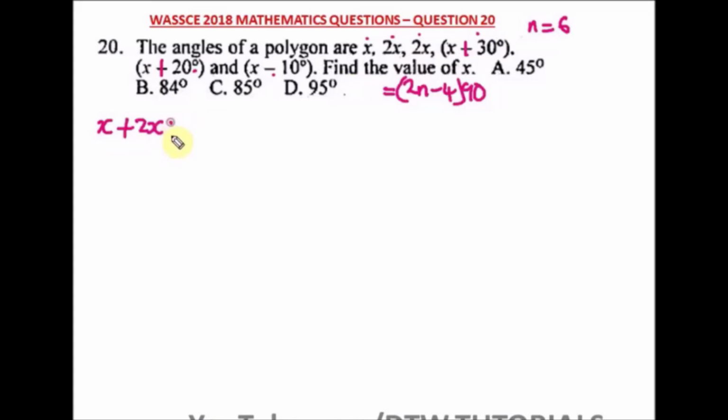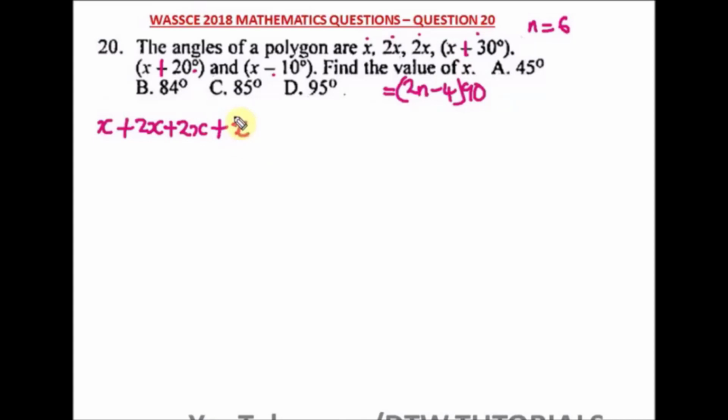So we have x plus 2x plus 2x, and let's just remove the bracket since it's positive. Multiplying everything in the bracket will still give us the same sign.